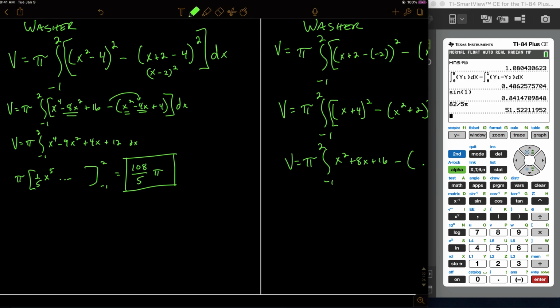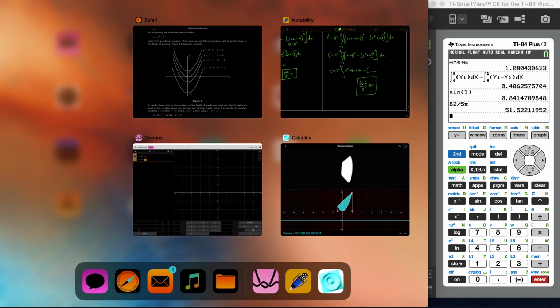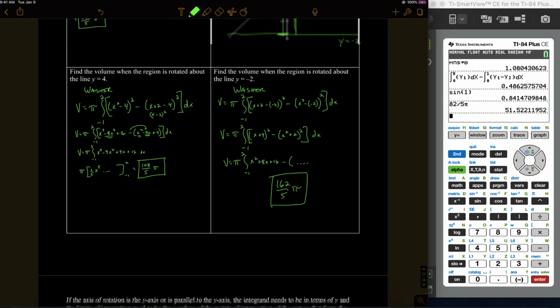If you do it out by hand and you get your exact answer, I got 162/5 pi, and that's the same decimal. So I'm getting 162/5 pi, which is about 101.789. Okay, so there we go.